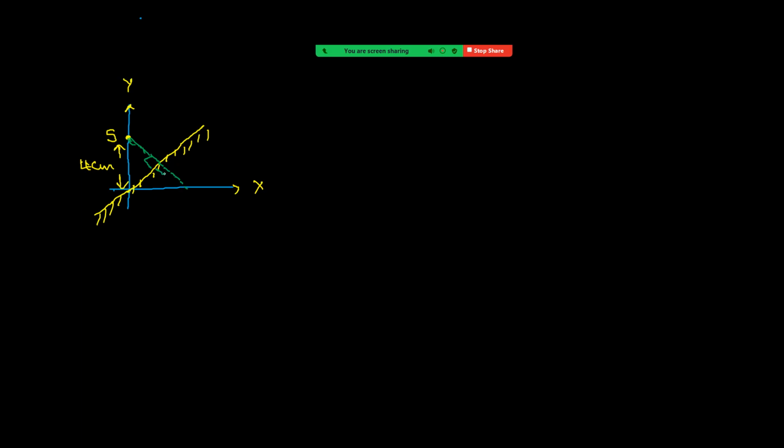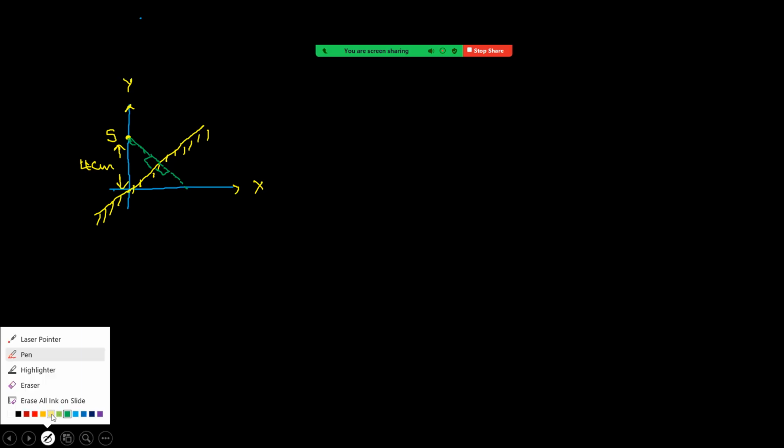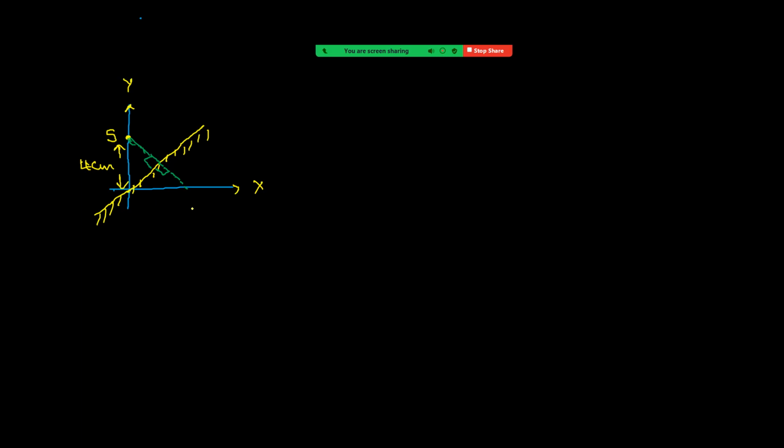right? This is 90. That means now image will be, this is now image. Let us call this point as A. Condition is SA, distance of object from mirror, is equal to AI, distance of image from the mirror.